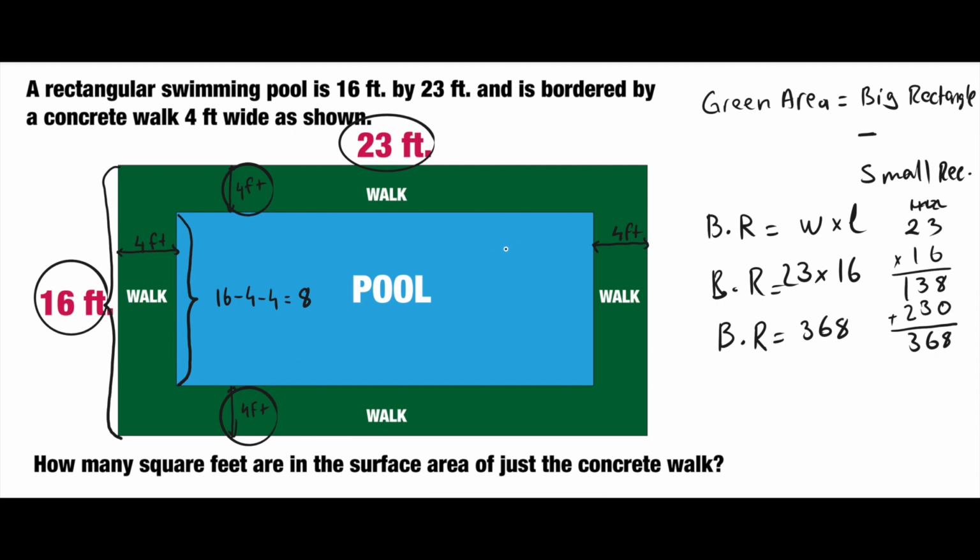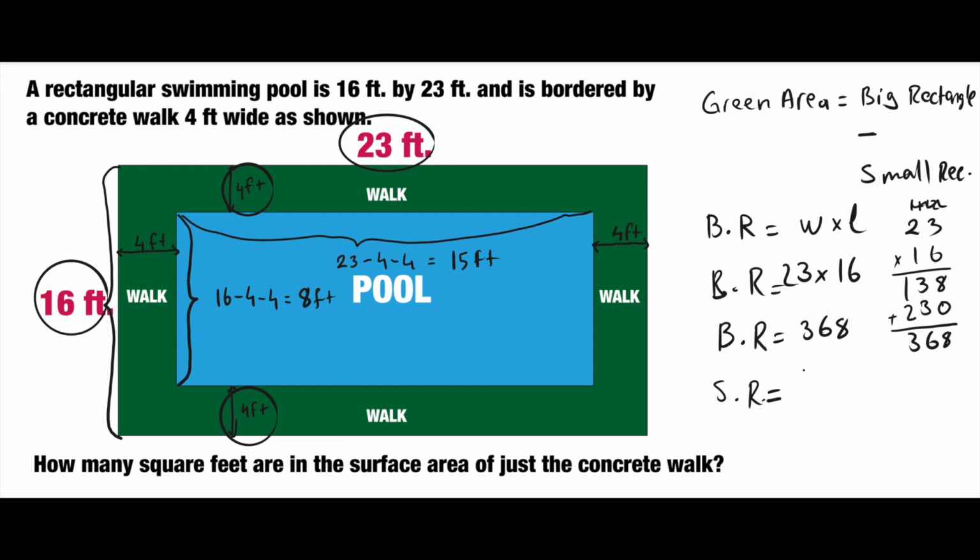Same thing for the length of the pool: 23 minus 4 minus 4 should be 15 feet, and 8 feet.